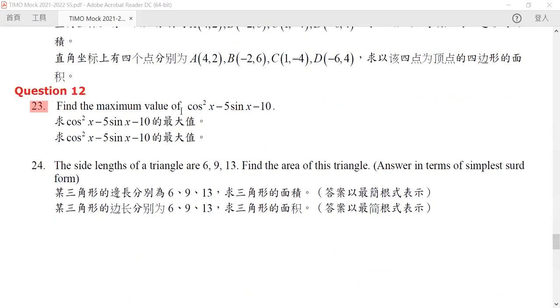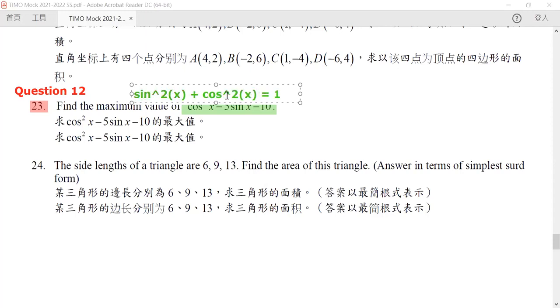So for this question, again, we will rewrite this equation by making use of our identity: sine square x plus cosine square x is equal to 1.